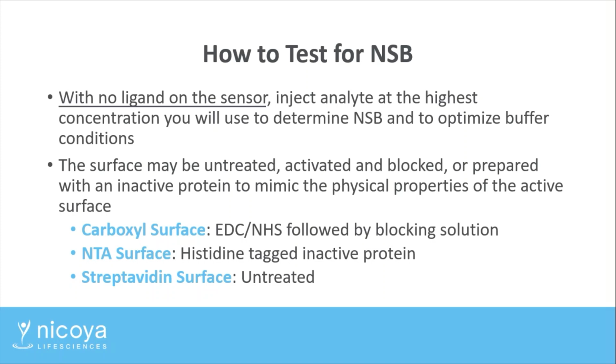When running these tests, ideally you want to see no response from your analyte interacting with the sensor surface. However, if you do see a false positive binding signal, this is actually okay and very common, especially when working with a simple buffer solution such as PBS or HBS. And this is going to be the first point of experimental optimization.